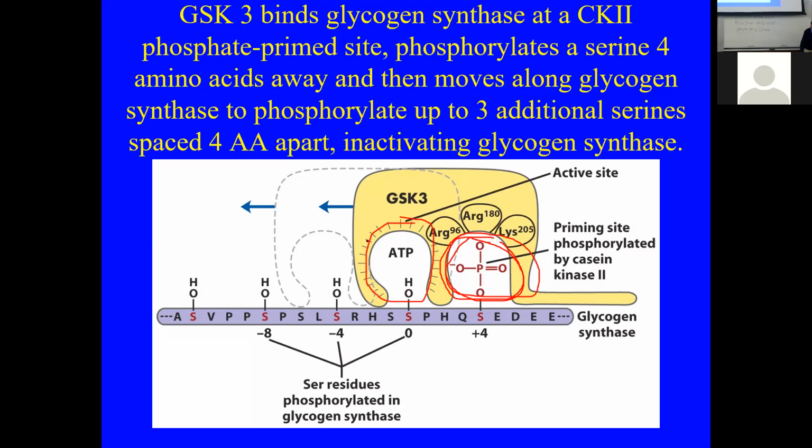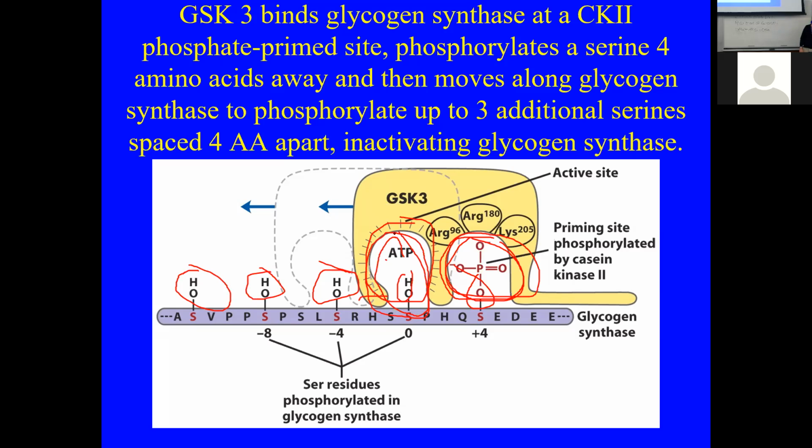And notice that you have this series of serines. You have them here, here, here, here. Now, the remarkable thing is that after I phosphorylate this serine right here, in the catalytic site, the whole enzyme is going to move. It's going to move 4 amino acids farther along.